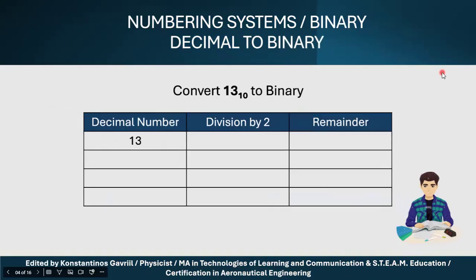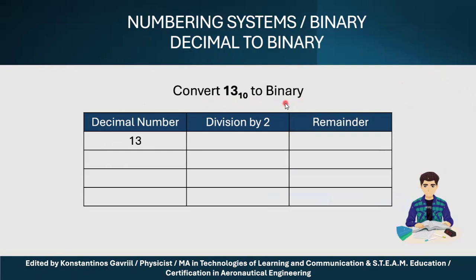We continue now with a conversion from decimal to binary. So we have an example here. We have to convert 13 with a base of 10, a decimal number, to binary. What we do every time we hear about a conversion from decimal to something else is divide the decimal number.